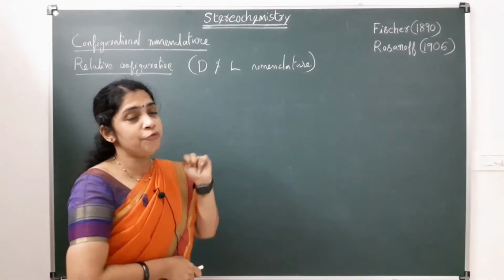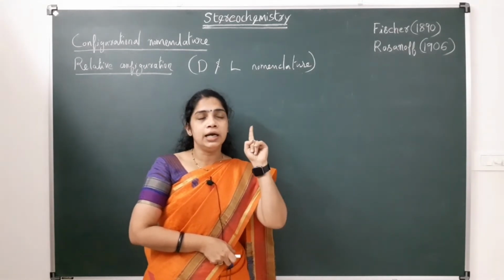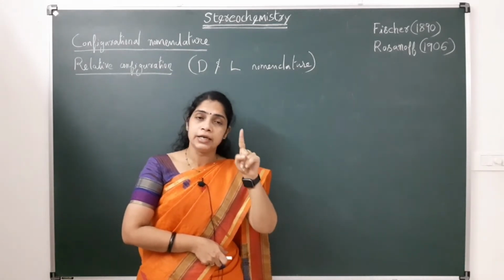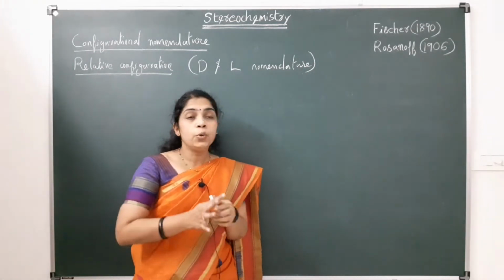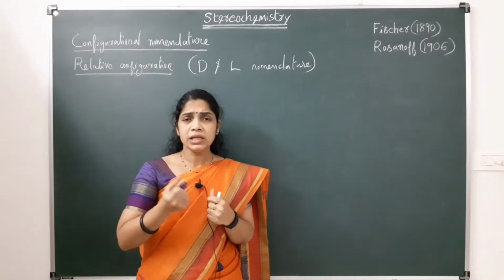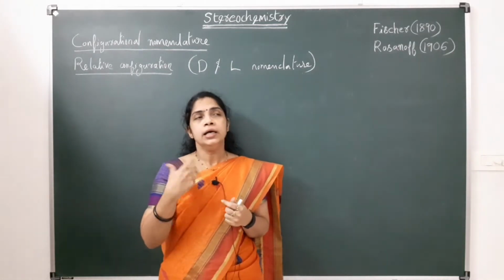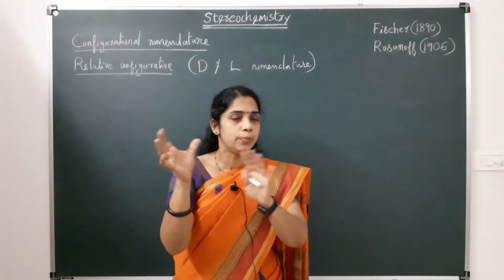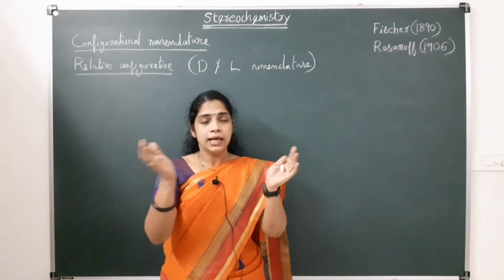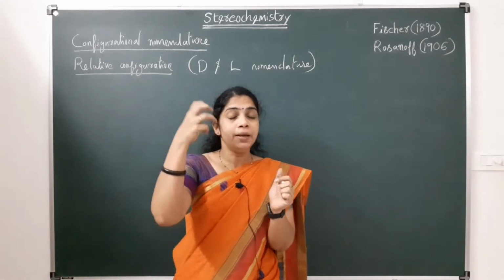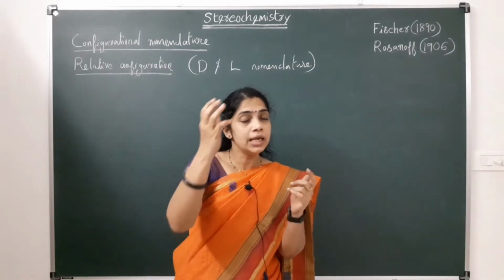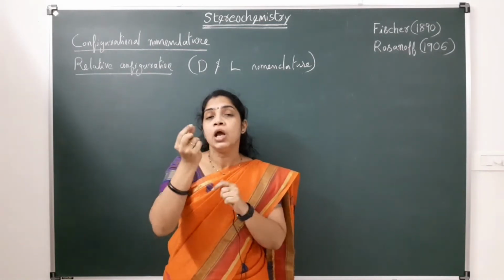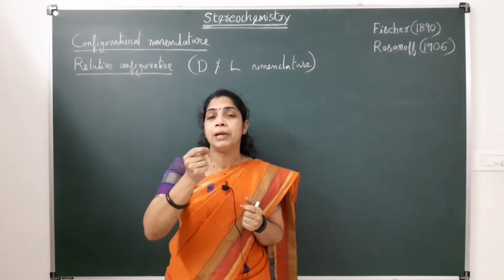Actually, we have already discussed Emil Fischer when we were doing the Fischer projection formula, Newman projection, etc. In the 1890s, Emil Fischer was engaged in research on the synthesis of sugar molecules like glucose, fructose, etc. He felt that if there was a relation between these monosaccharides like glucose, fructose, mannose, etc., it would be better to identify their structures, because these monosaccharides all have similar structures. They differ only in one asymmetric carbon atom, that is, in the arrangement of some H and OH.